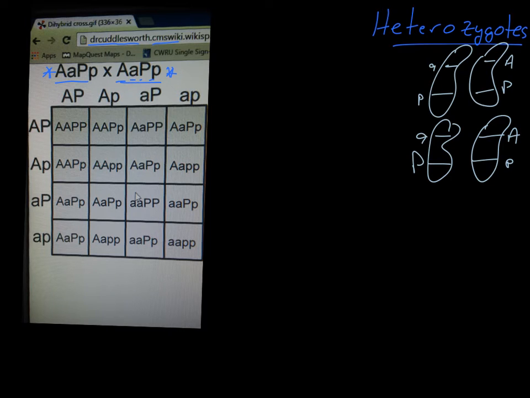So you got all kinds of combinations that you can give. You can give the big A, big P. You can give the little a, little p. You can give the big A with little p, or the little a with big P. Any one of those could happen. And both parents are the same thing after meiosis. After meiosis, we get these 4 cells, and this is only one chromosome.